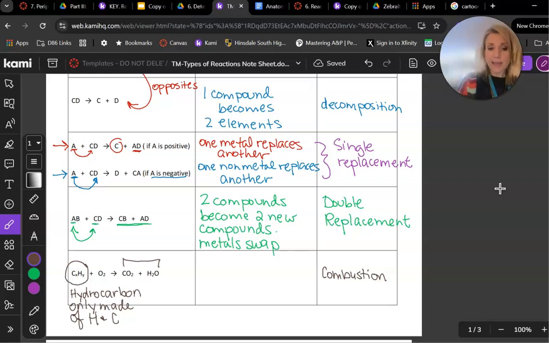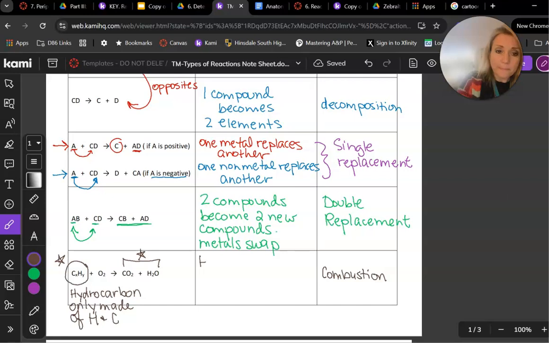So when you look at an equation, you're like, I don't know what kind this is. You need to first look and see, do I have a hydrocarbon? And if so, look and double check, do I have carbon dioxide and water as my products? Then yes, this is a combustion reaction. So those are the clues to look for.